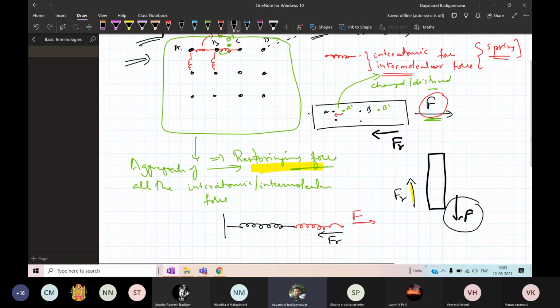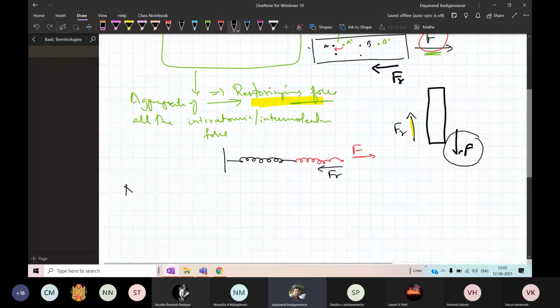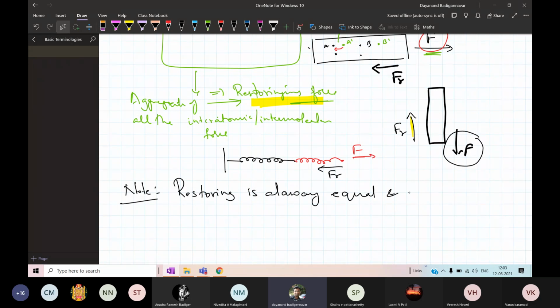Keep in mind, the restoring force is always equal and opposite to the applied force.